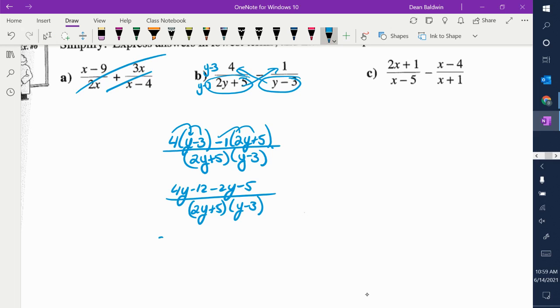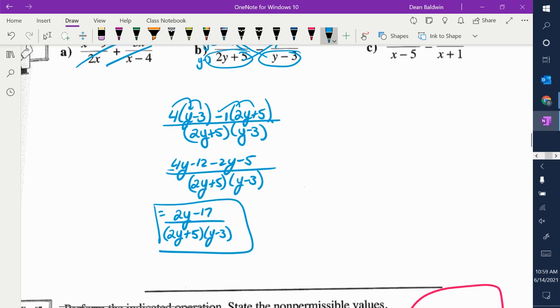Yep. So 4y and negative 2y is 2y. Negative 12, negative 5 is negative 17. So this is the simplified expression.